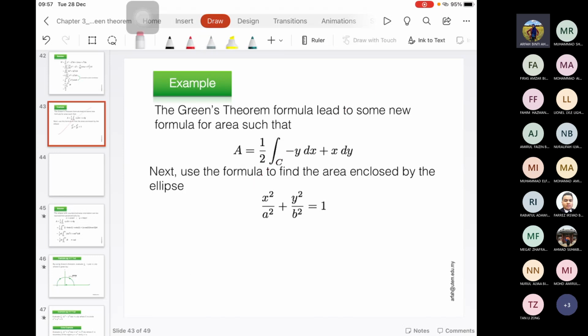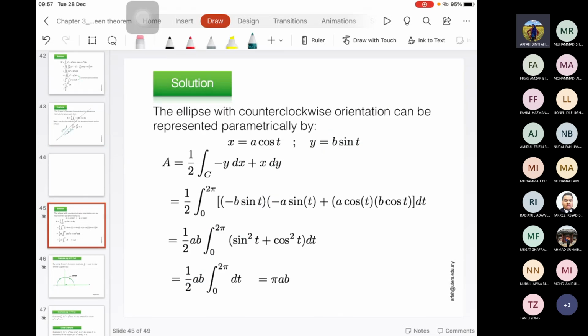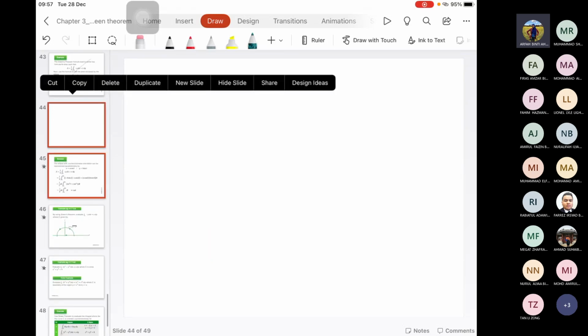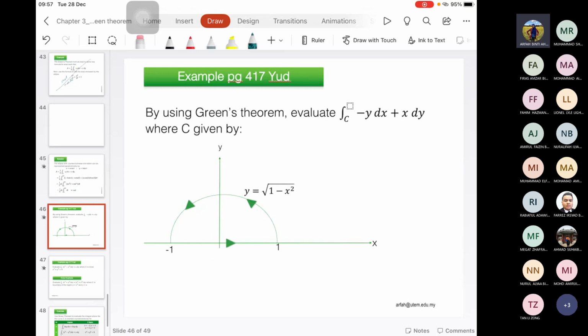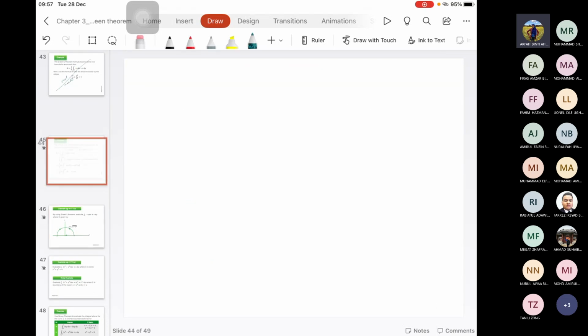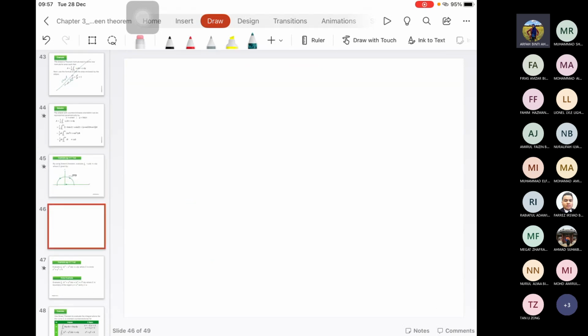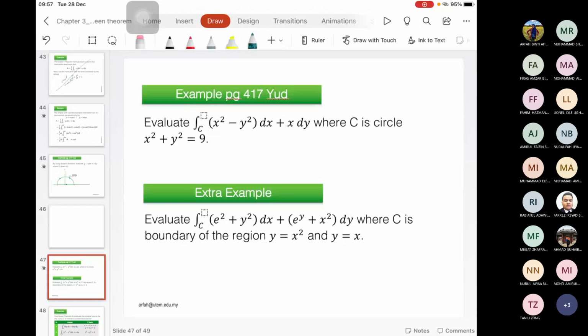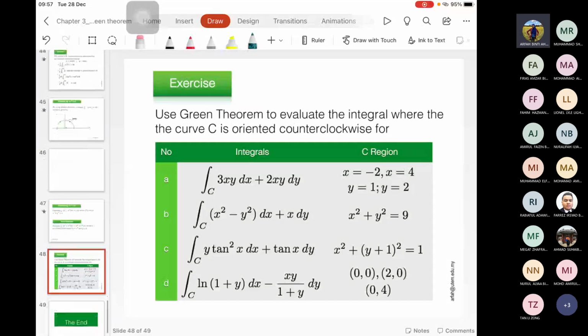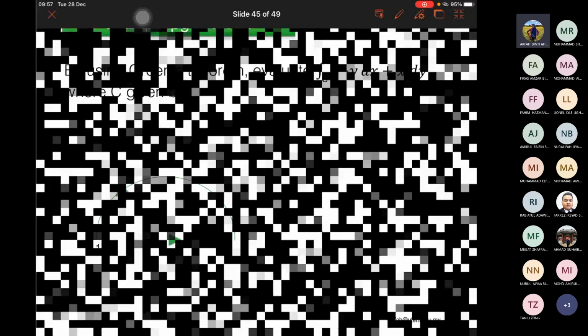So this one is not included. Okay. So kita terus tengok another example because that one is actually the Green's theorem, just dia rombak balik the Green's theorem. Okay. So let's take a look into this example.